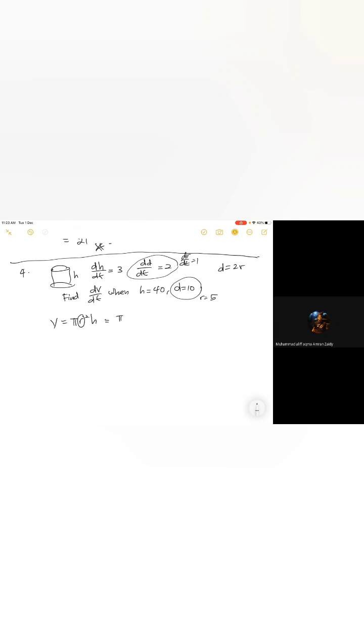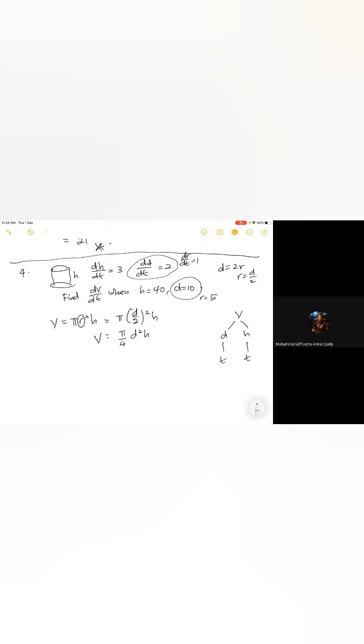Okay, so r is what? r is d over 2 right? So (d over 2) squared h means pi over 4 d squared h. This is your volume now. So the chain rule, dalam V tu ada d dan h, dalam d ada t, dalam h ada t.